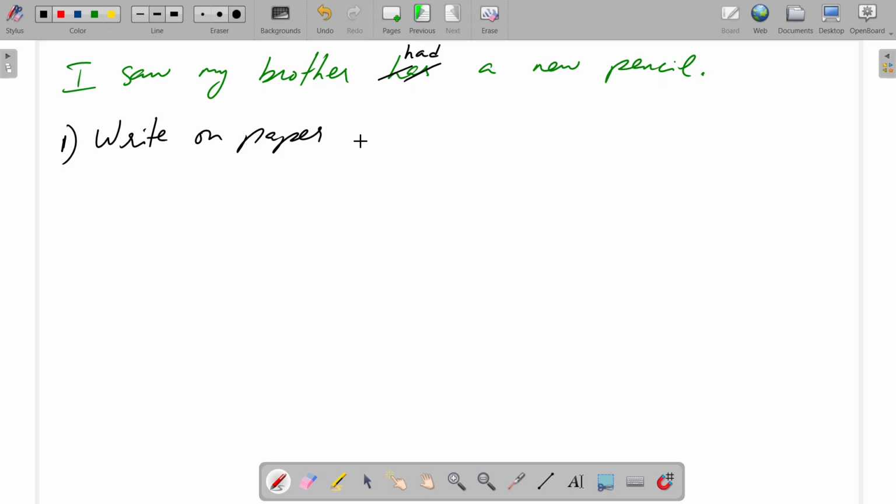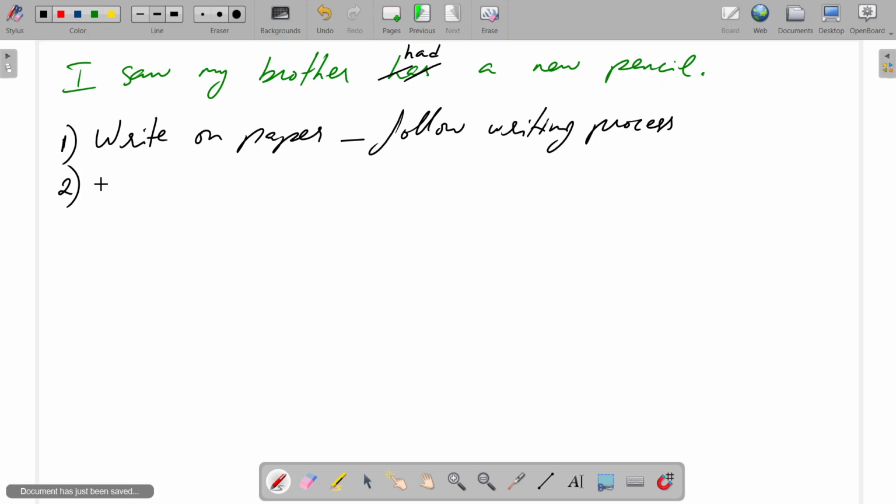So still the writing portion will be physical on paper, and you're going to follow the writing approach, or the writing process. And then when you're done with the final draft, you're going to type out the final draft and upload it on the Google Classroom.